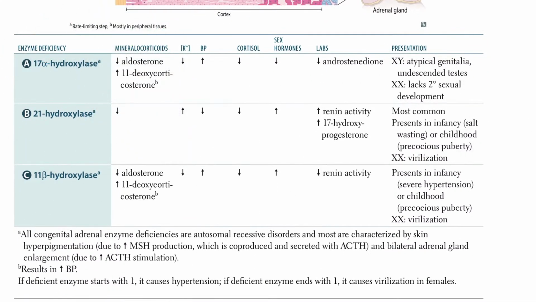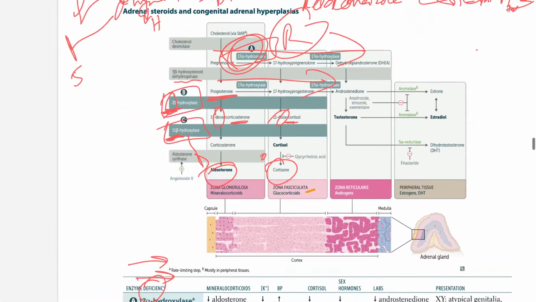Okay, here what we have is your 17 alpha hydroxylase. As you know, it is everything going towards the right side. When you are deficient in 17 alpha hydroxylase, let's first take a look at the picture.